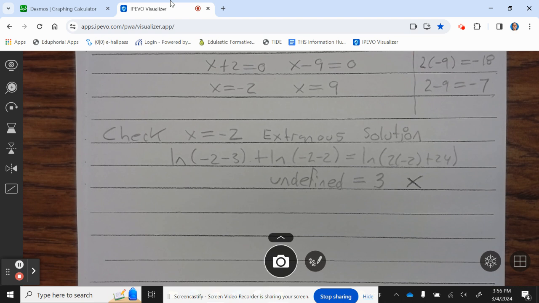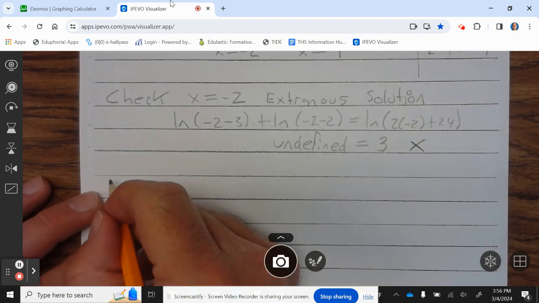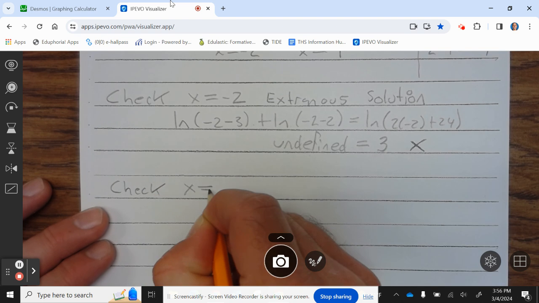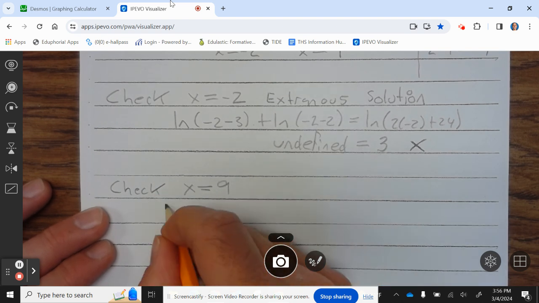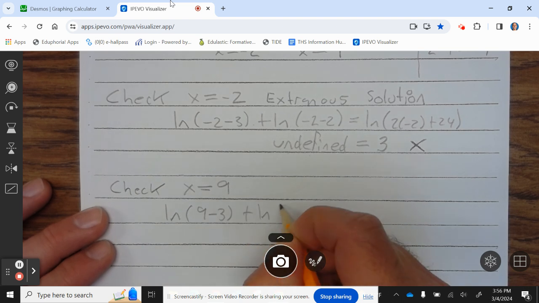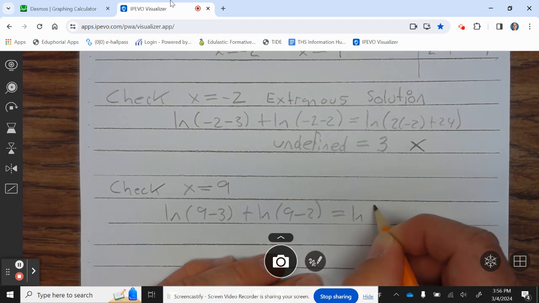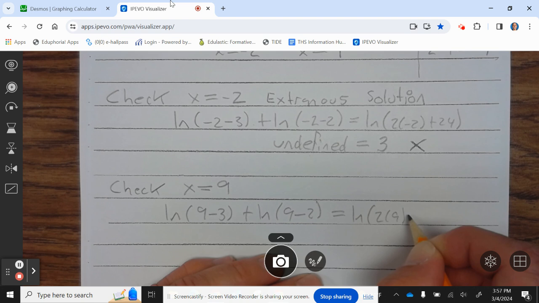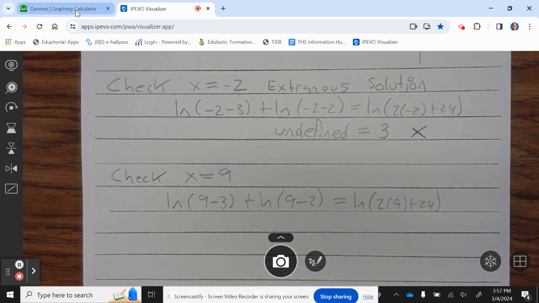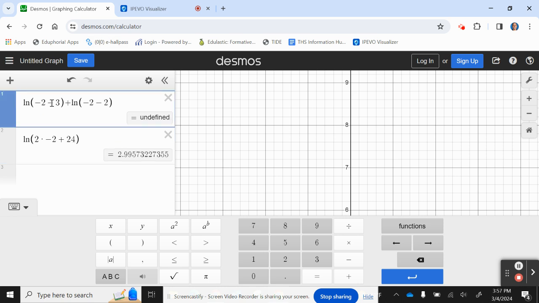Okay? So now let's check x equals 9. So it's ln of (9 minus 3) plus ln of (9 minus 2) equals ln of (2 times 9 plus 24). All right, we can come back here and we just change all the negative 2's to 9's.